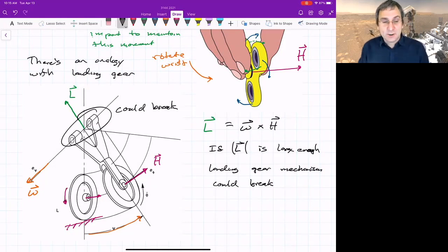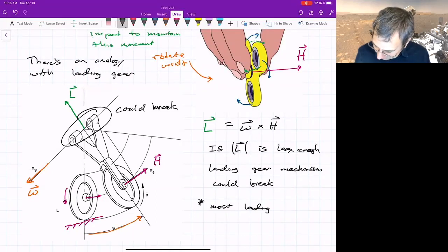So most landing gear does not fold up this way anymore. It actually just gets pulled up. Then you don't have this kind of omega cross h moment showing up. Don't worry, if you fly on commercial jets, most landing gear just retracts upward. It doesn't fold sideways.